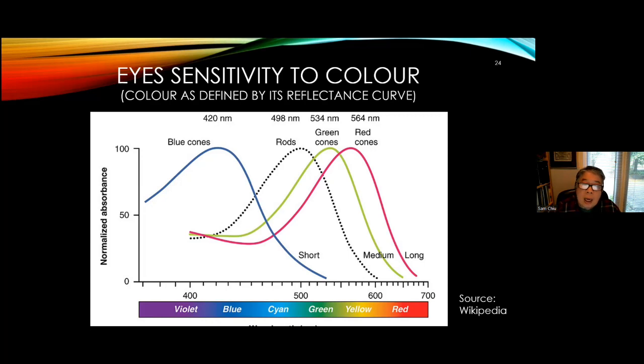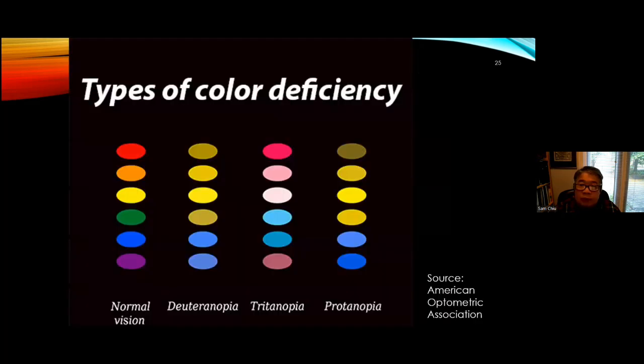So a normal vision person has the cones that observe the blue color, and the rods that observe the other colors, the green and the red. So there are sensitivity issues. In the normal person's eyes, those are present to observe those color wavelengths.